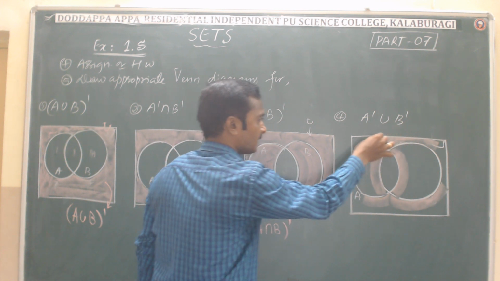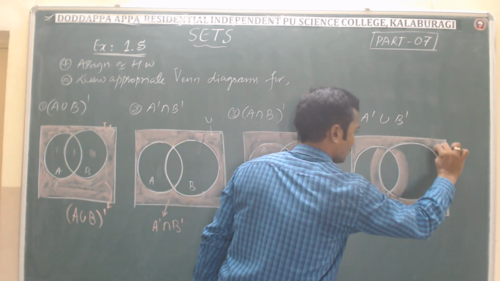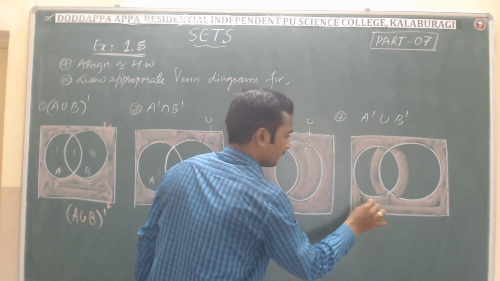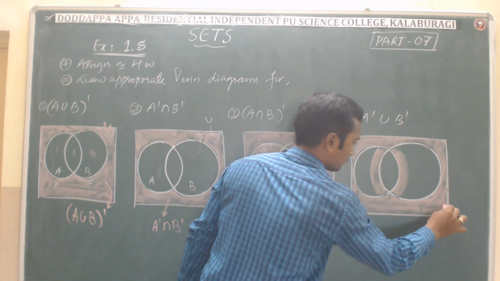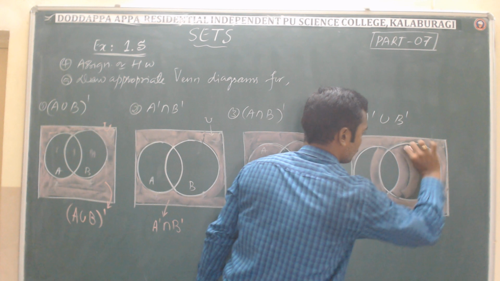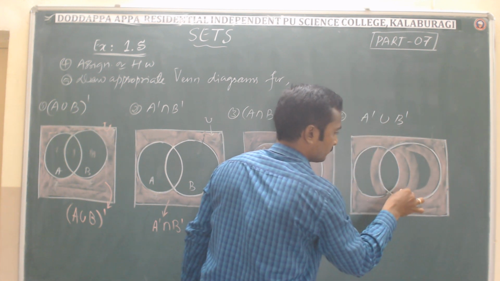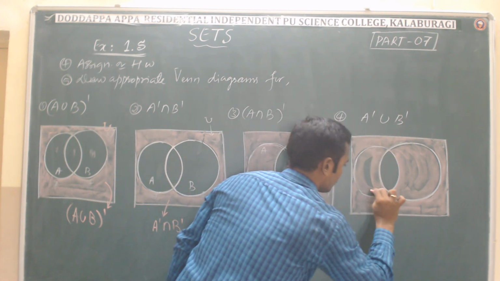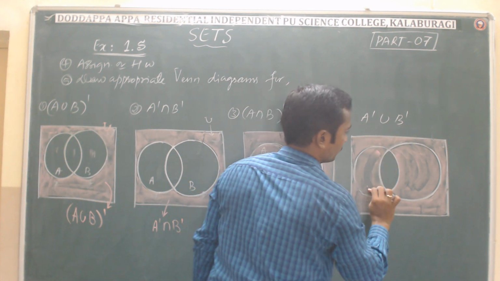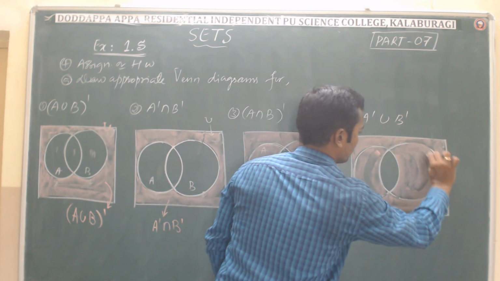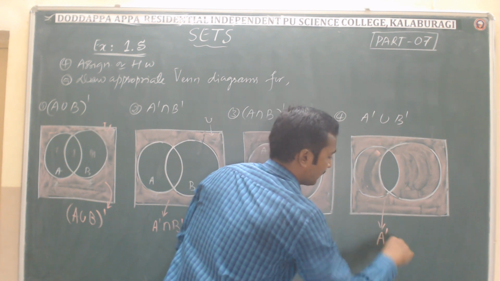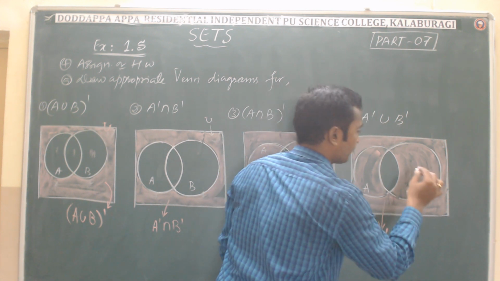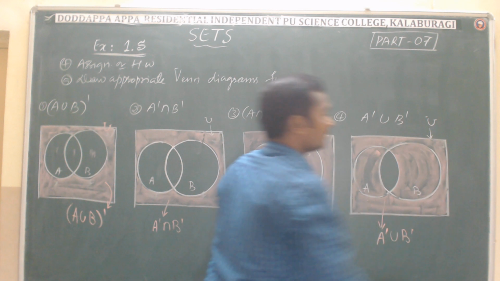You can see this area is completely A complement union B complement, whereas circle 1 represents set A, circle 2 represents set B, and this rectangle represents the universal set U.